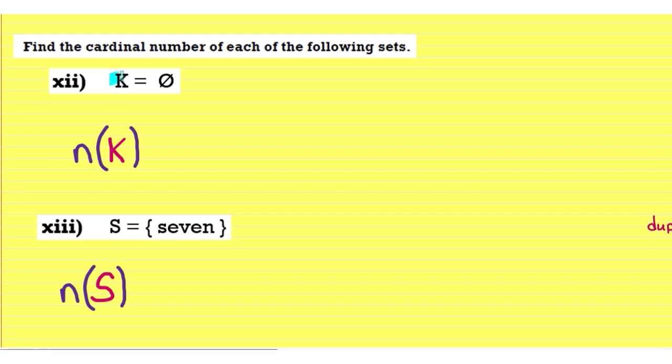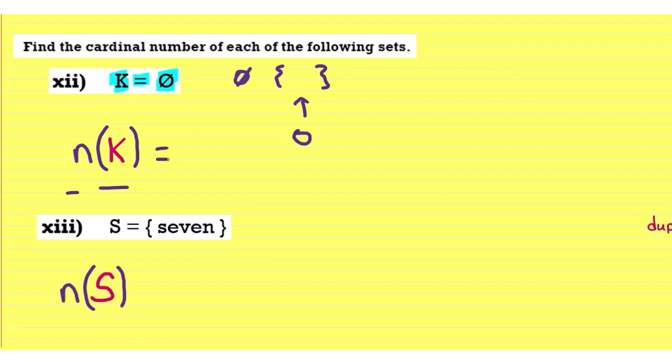Now we have set K. Set K is equal to the null set. And like we spoke about before, the null set and the empty set are the same thing, and they both contain 0 elements. So the cardinality of set K is equal to 0.